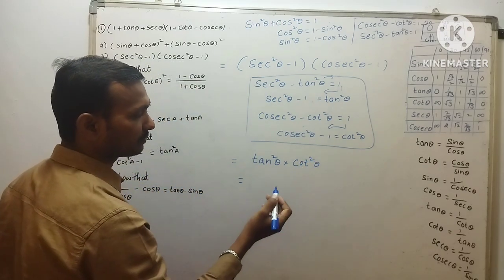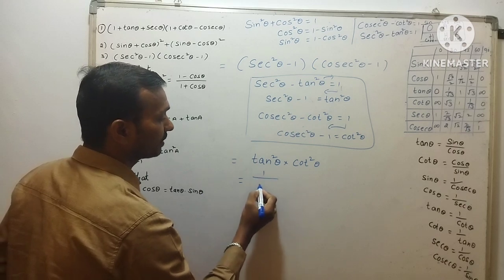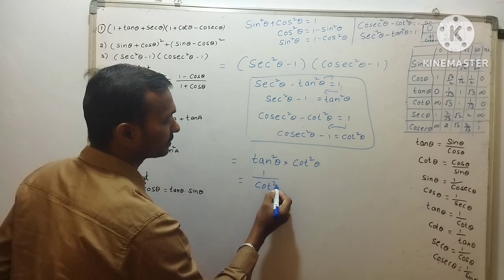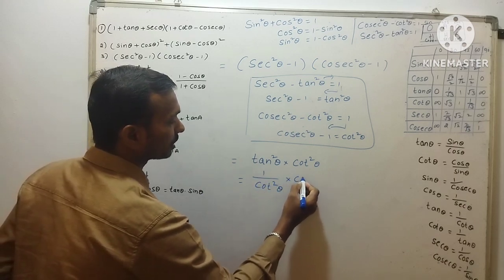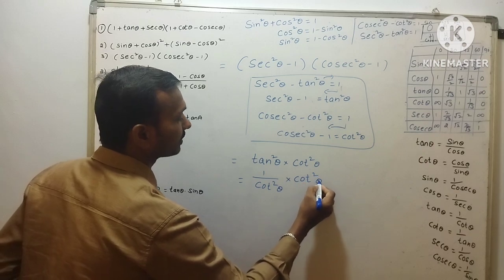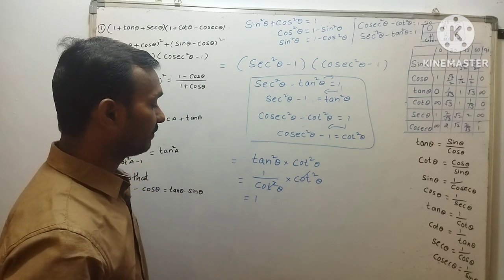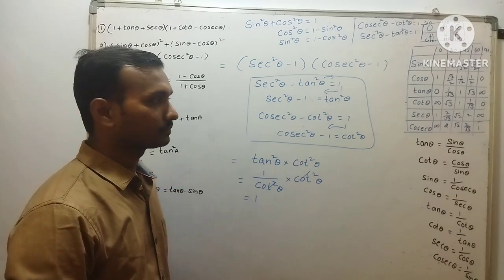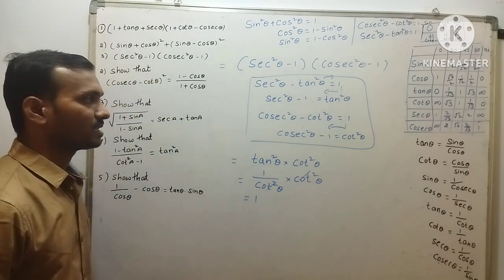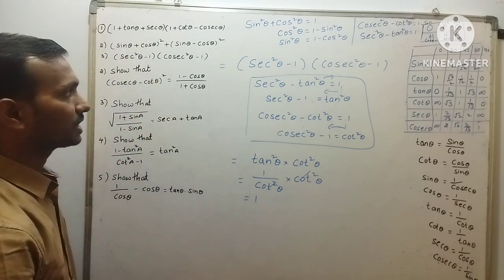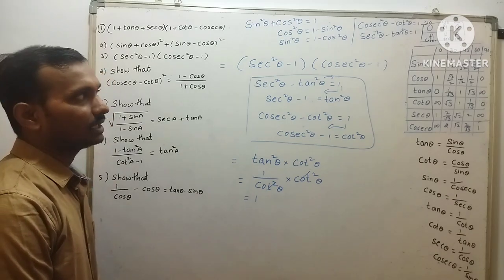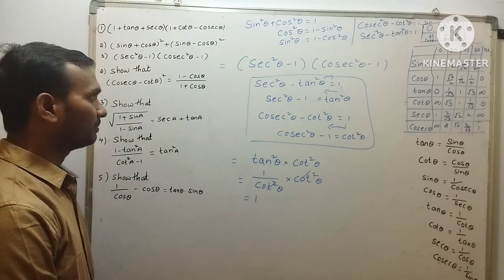Tan is nothing but 1 by cot, so tan square theta into cot square theta, both get cancelled. That will give you 1. So this is the answer for the given question: secant square theta minus 1 into cosec square theta minus 1 is nothing but 1.